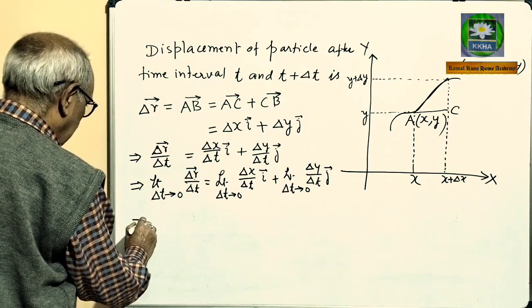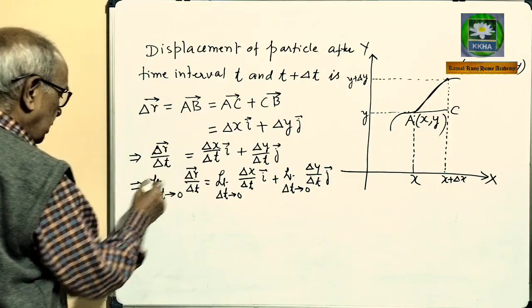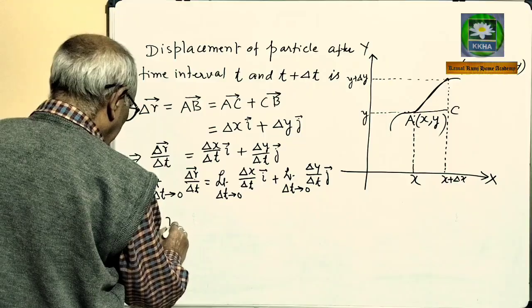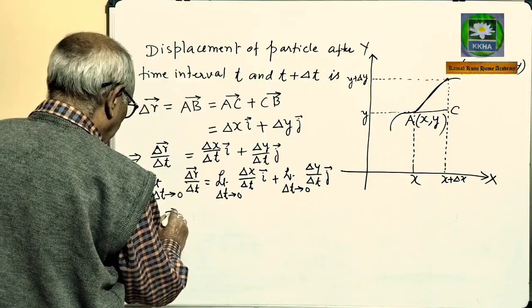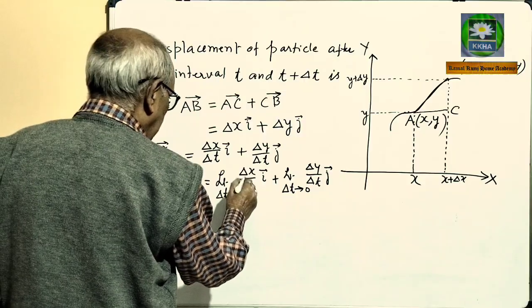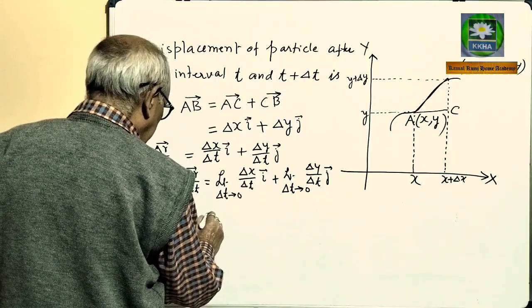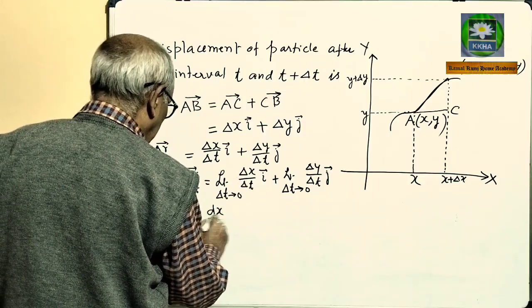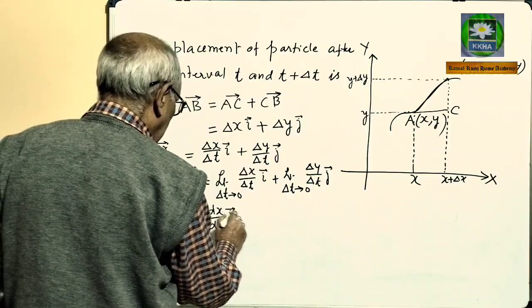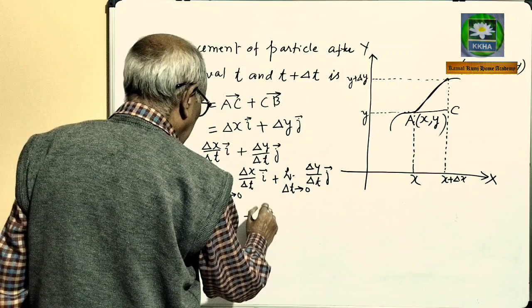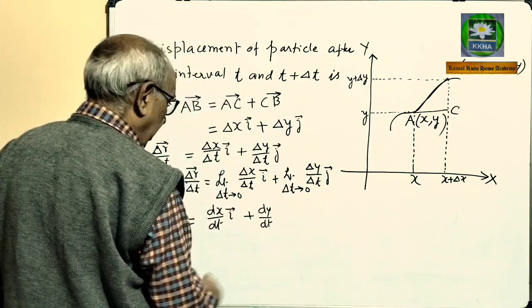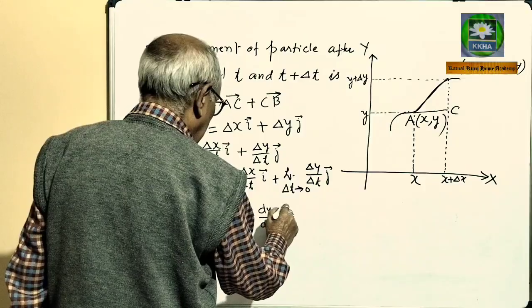This is velocity v equal to dx by dt unit vector i plus dy by dt unit vector j.